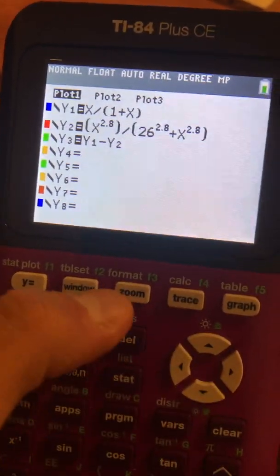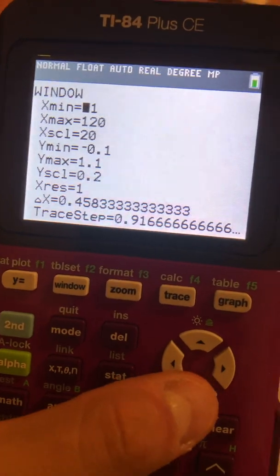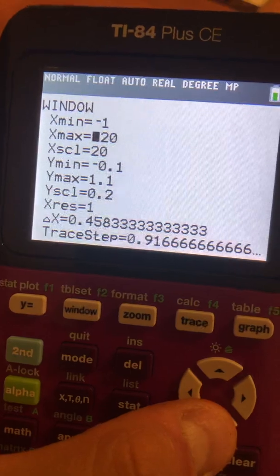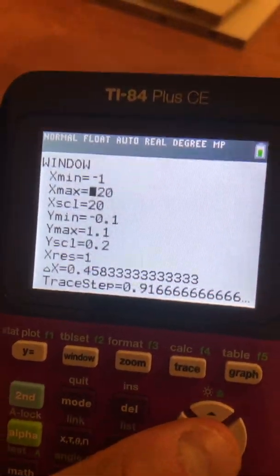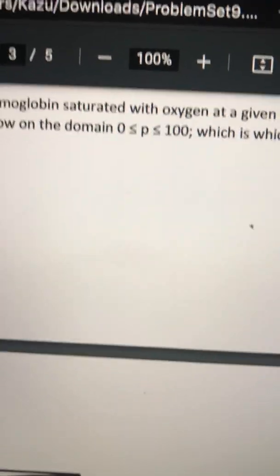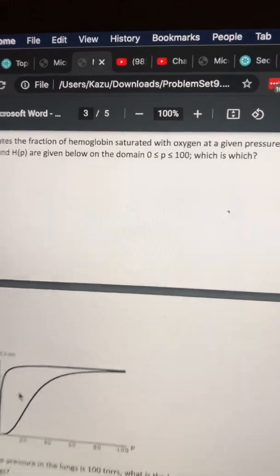Then I adjusted my window so that my x-min was -1 because I wanted to be able to see some of the origin, and then my x-max at 120 just because our domain is between 0 and 100. I'm using x instead of P, but it's going to be on the x-axis, so I put it a little bit higher so that I can see it.